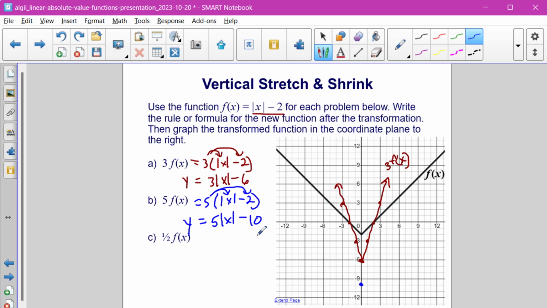So 1, 2, 3, 4, 5 right here. Now we'll do the same thing going the other way. So up 5 over 1, up 5 over 1.